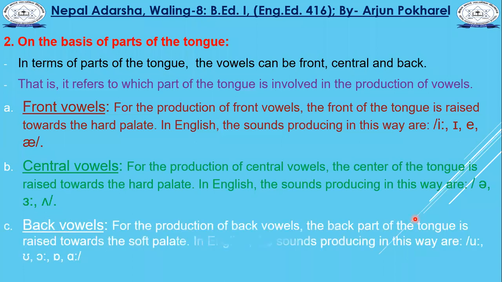And now back vowels. As the term itself says, the back of the tongue is raised. When the back of the tongue is raised, it goes towards the soft palate. The back of the tongue can never come to the front part, the hard palate or the alveolar ridge.